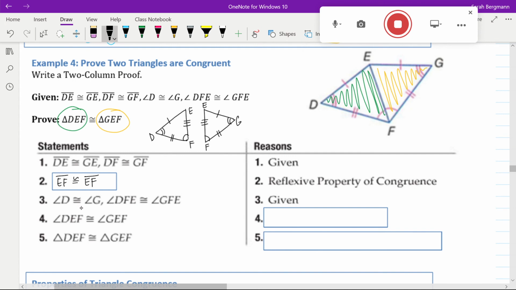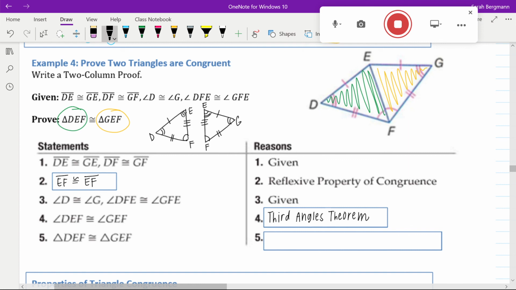Now I'm also given already two pairs of congruent angles. Based on what I just learned above, I know that I could conclude that the third pair of angles, angle DEF and angle GEF, are congruent based on third angles theorem. Anytime I have two pairs of angles already congruent, I can say the third pair must be congruent by third angles theorem.